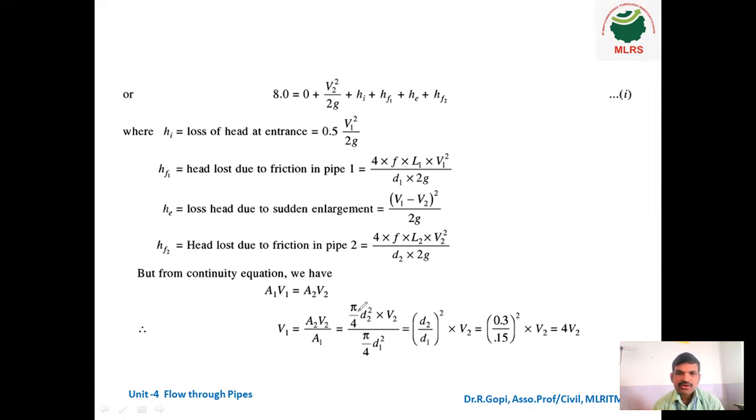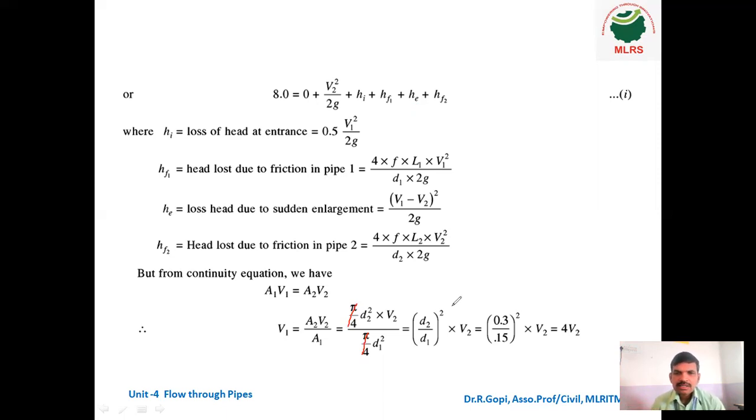Pi by 4 into D2 square, into V2. V2 we don't know. Next, A1 is pi by 4 into D1 square. Pi by 4 and pi by 4 get cancelled. What is the balance? D2 divided by D1, the whole square, into V2, or D2 square divided by D1 square into V2. Both give the same answer.